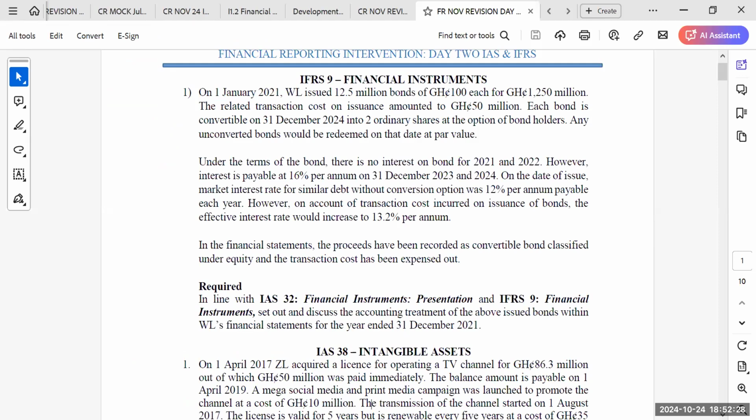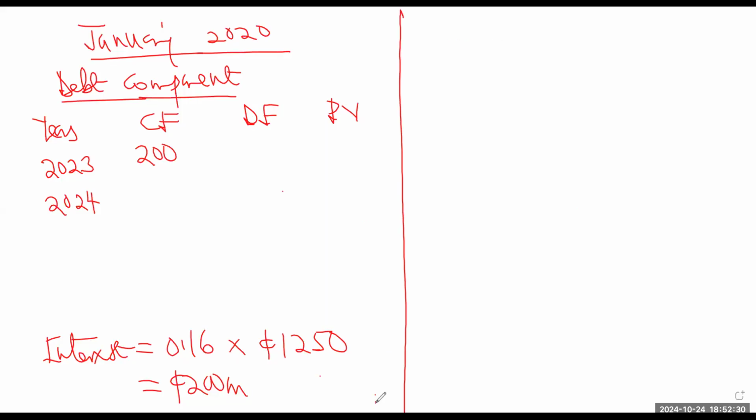So in 2024, we are going to be redeeming the instrument at par and also paying the interest in that particular year. So that will give us 1450. Okay. So let's come to the discount factor now. You can equally do this like this. If you don't want to confuse yourself, then you can have something like this.